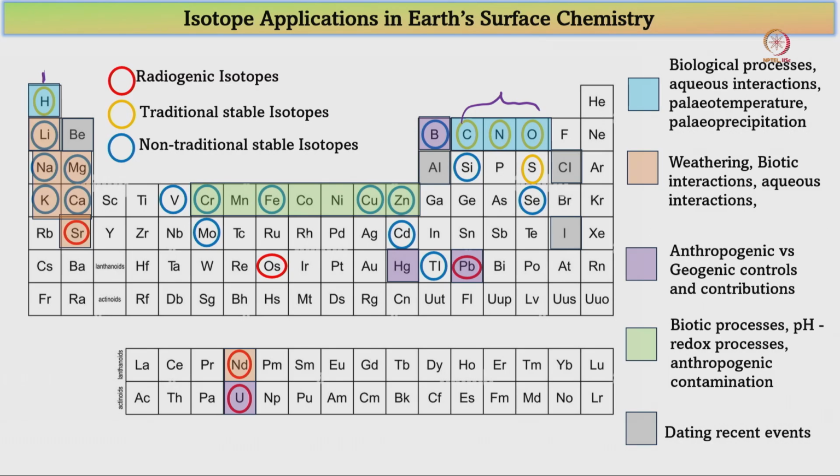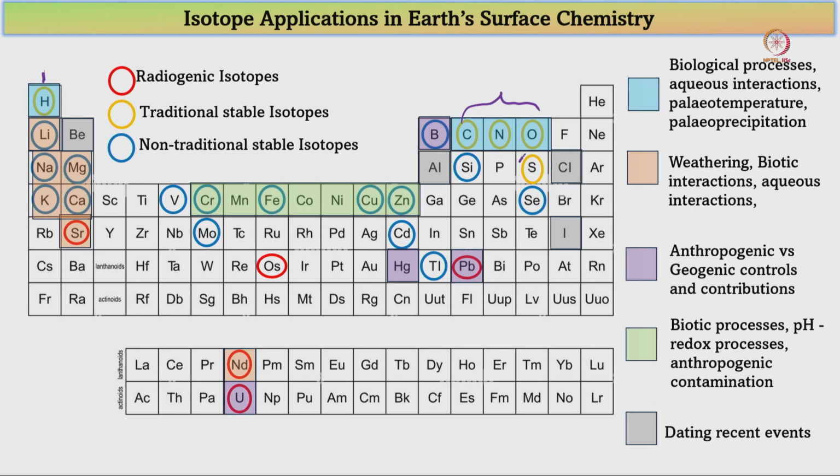We use these particular isotope systems to try to trace that. Now, it is not that these are the only ones, but these are the more traditional isotopes that have been used, and of course, they can be clubbed according to the problem that we are trying to solve. They can be clubbed with any other isotope.